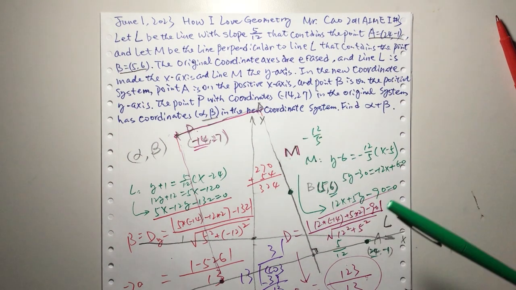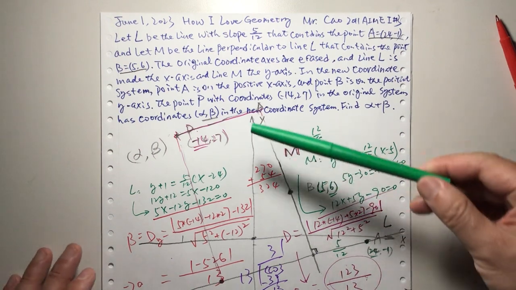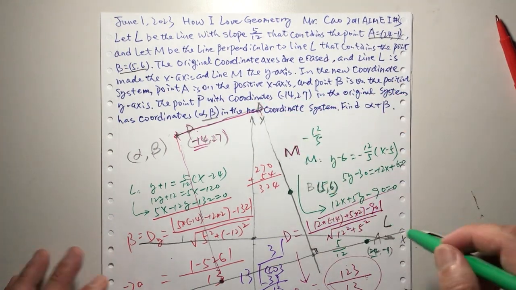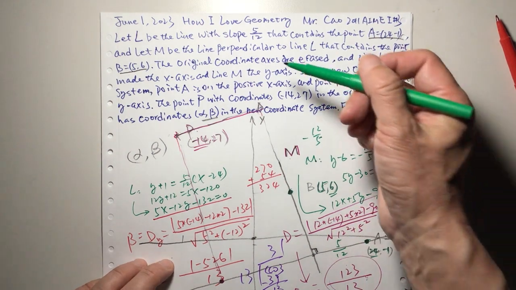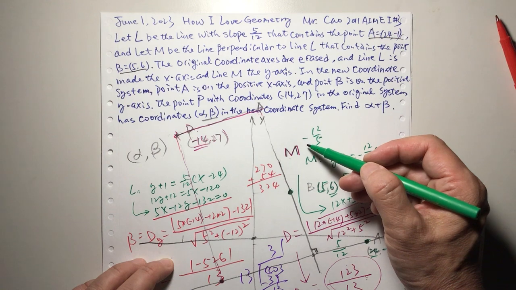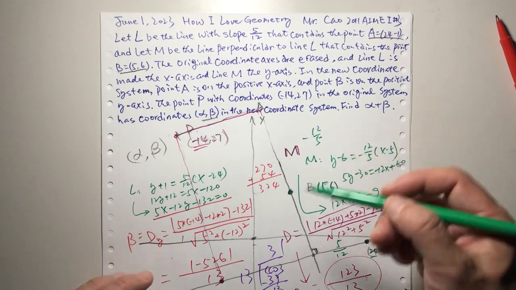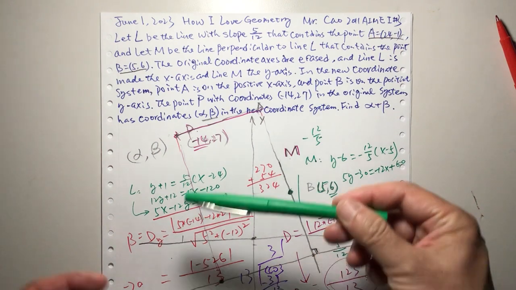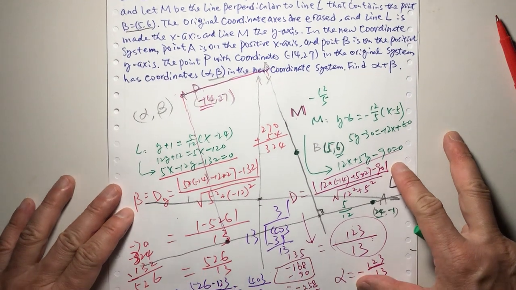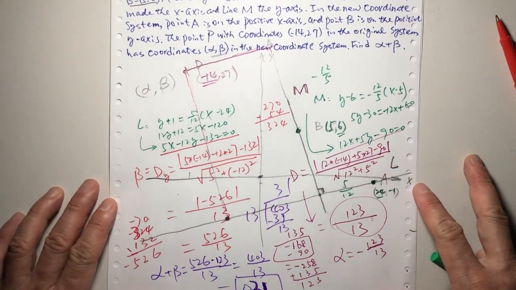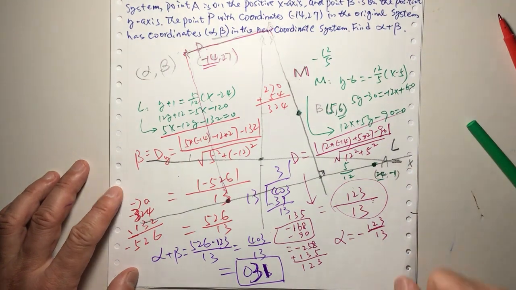For perpendicular lines, the product of the slopes is -1, which is why line L has slope 5/12 and line M has slope -12/5. Then we should be familiar with the distance from a point to a line. If we know all of these, the problem goes step by step, with a little bit more calculation.